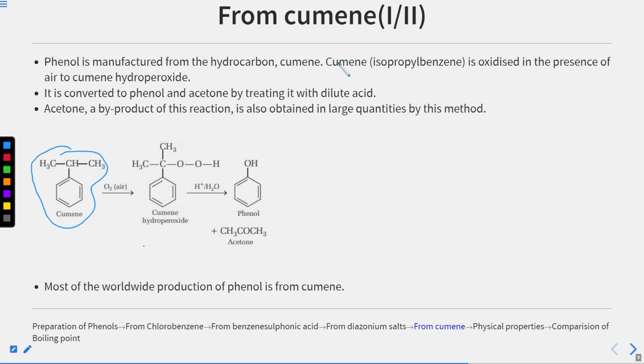Now what do we do? We first take cumene and it is oxidized in the presence of air to cumene hydroperoxide. Now this conversion from here to here follows a radical mechanism. The mechanism I will show you in the next slide. But for now, take it as the insertion of this O2 between the C and H bond.